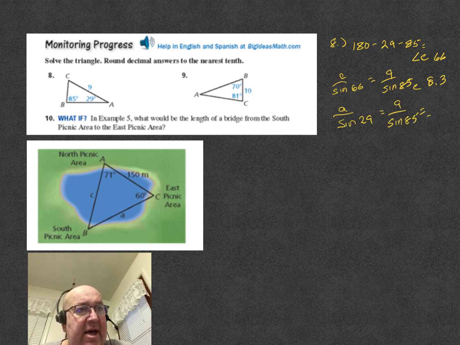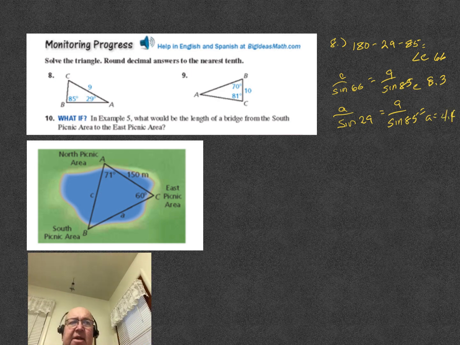And we're going to get A is equal to 4.4 units. Again, I should be using the crooked equal signs, meaning about, because I am rounding. And I won't mark you wrong if you don't do that.